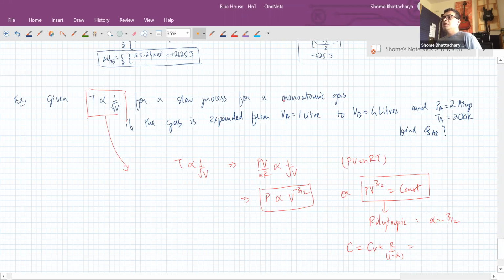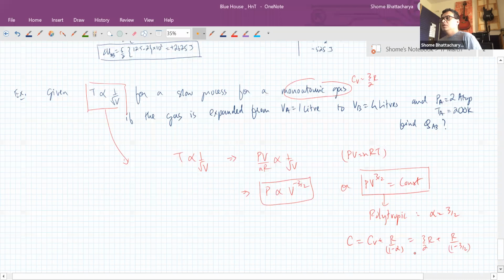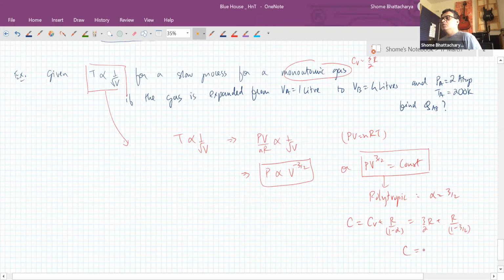Since it is a monoatomic gas, CV is 3 by 2 R. So this becomes 3 by 2 R plus R upon 1 minus 3 by 2. Yes, it's a very interesting process, which is why I brought this up actually, that C comes out to be minus R by 2.